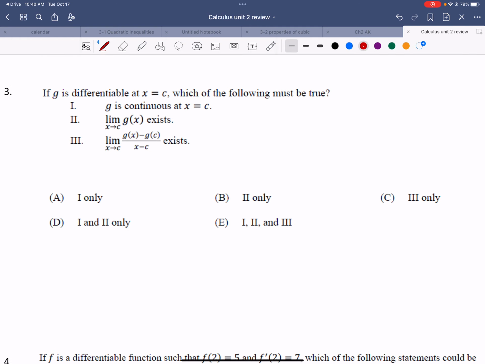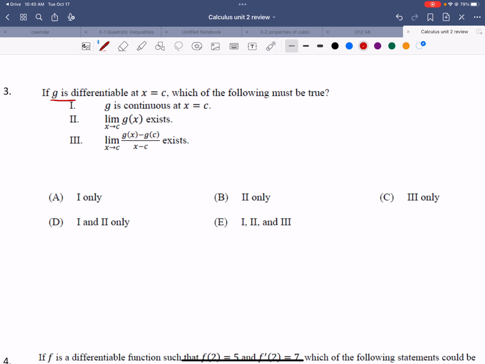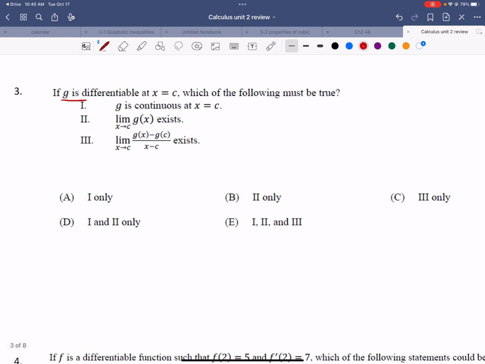If g is differentiable at x equals c, which of the following must be true? Okay, so this is differentiable, which means g is continuous at x equals c. Makes sense, because let's say you have a graph, something like that. According to the question, it is differentiable at, let's say this one is c, right? It should be continuous in order to be differentiable.